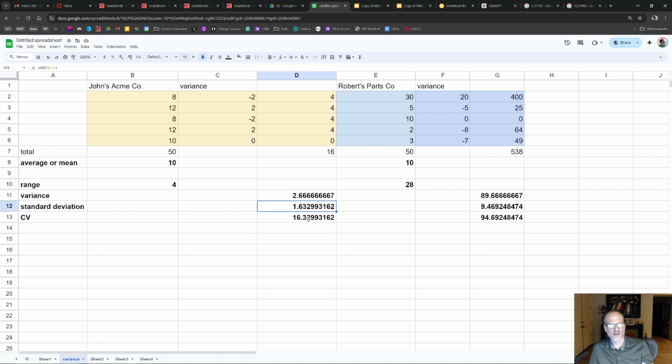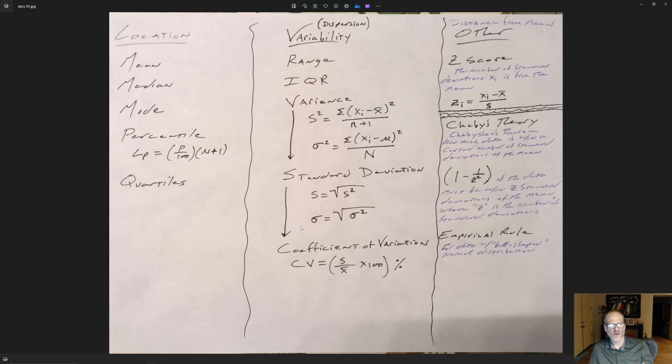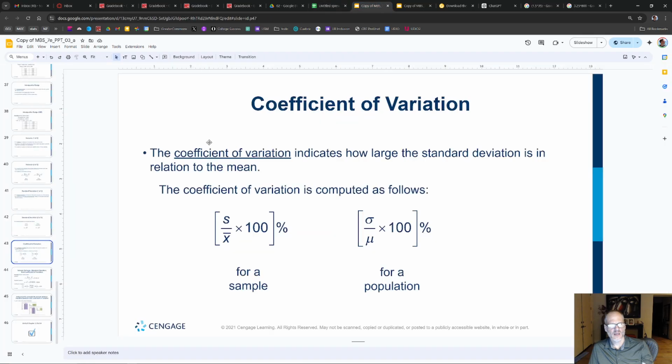When we take the standard deviation and divide it by the mean, D12 divided by B8, we get a number, and then we multiply that by 100, we get 16.32.